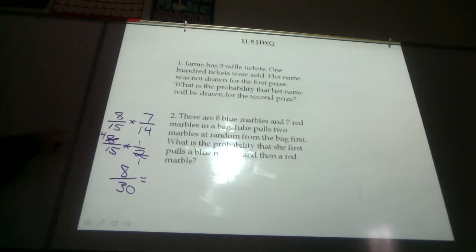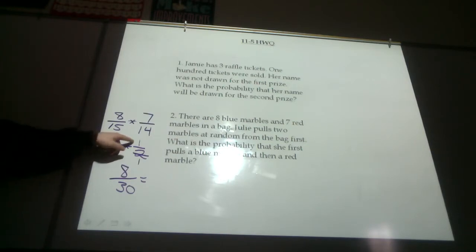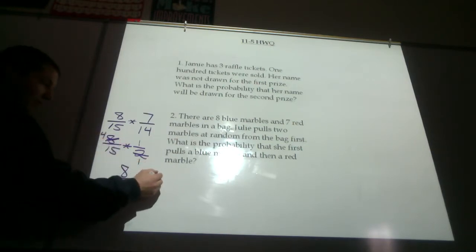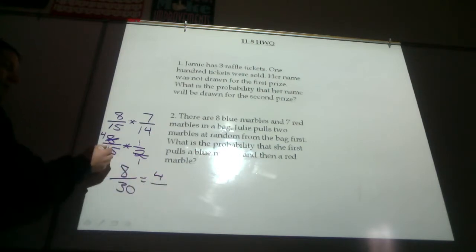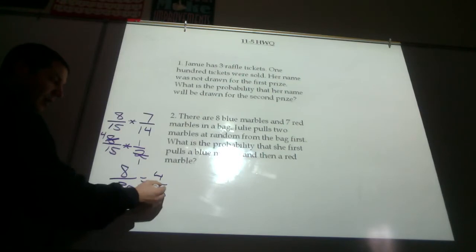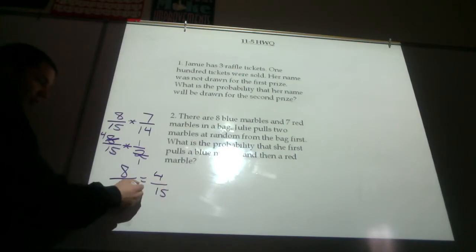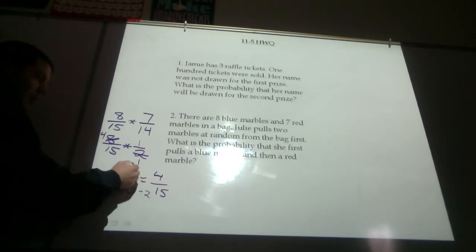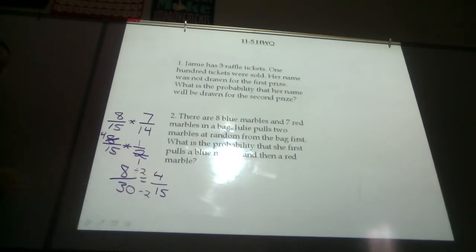So now 4 times 1 is 4. And 15 times 1 is 15. And we'd get the same answer if we did our reducing afterwards. Does that make sense to everybody? So now, 4 out of 15.